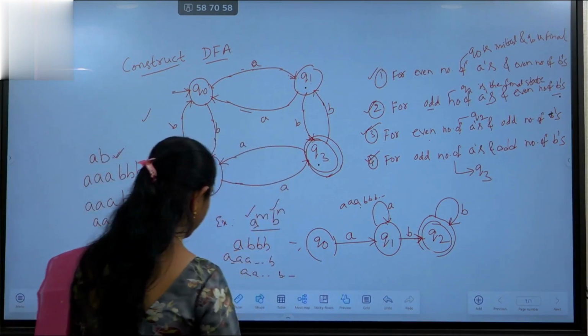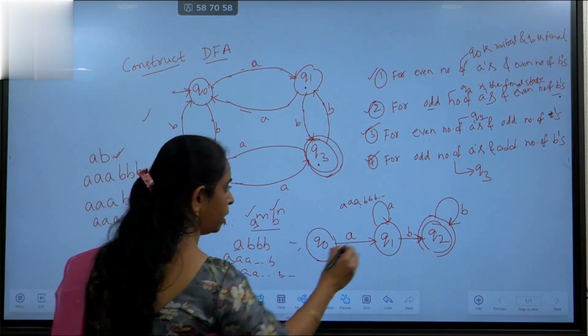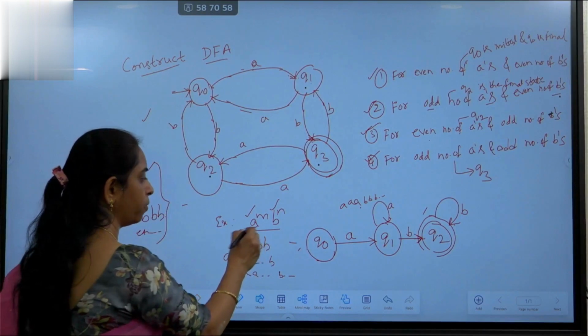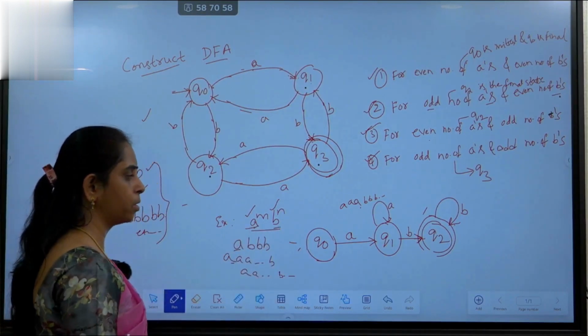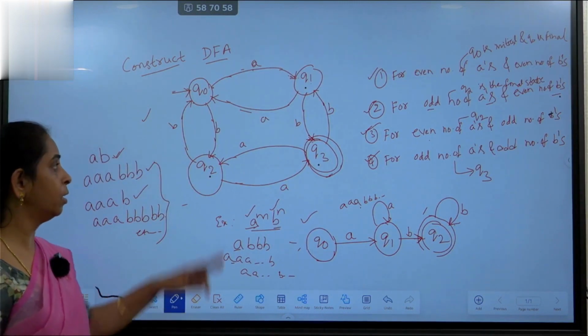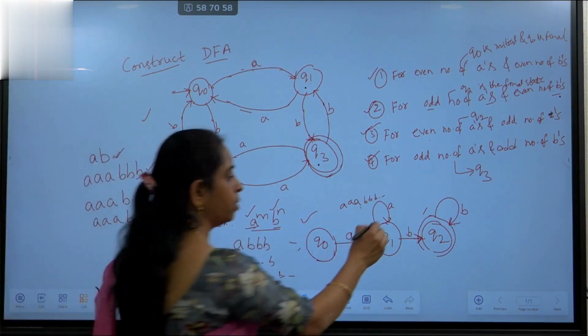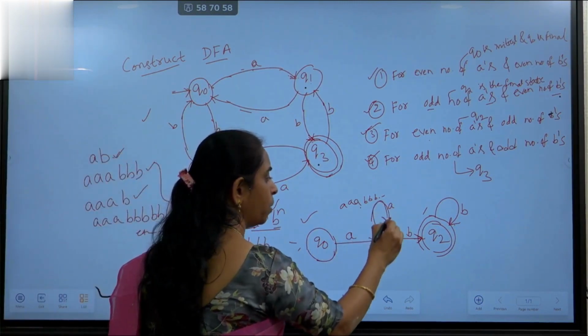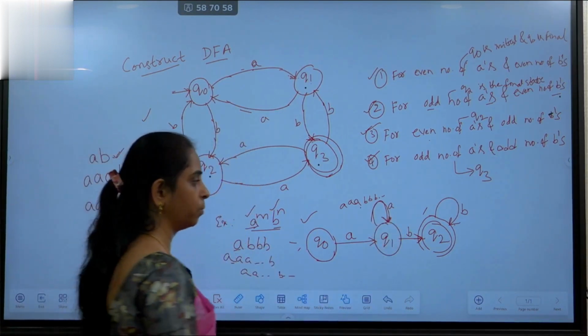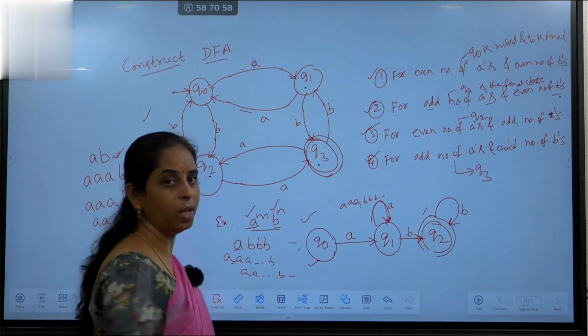You can check that it satisfies A power M, B power N, that means any number of A's and any number of B's. Like that you have to construct the DFA. You have to remember that in a DFA, for a single input alphabet we have only a single transition. So that is the construction of the DFA.